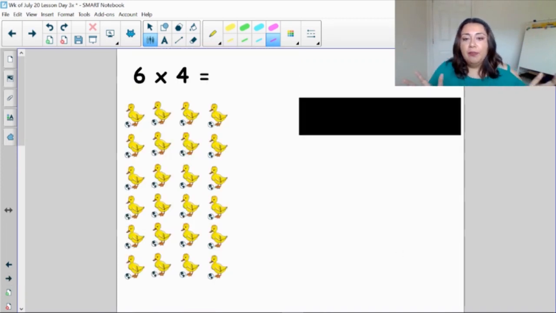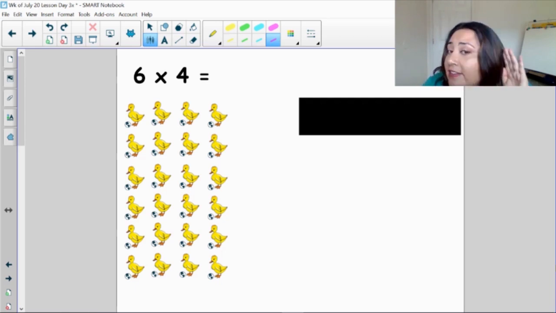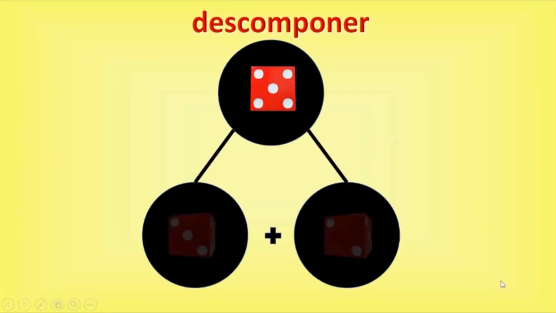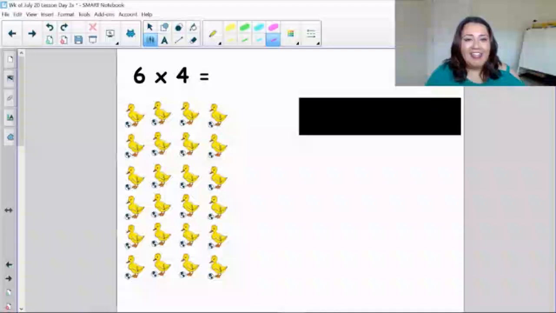Nuestro primer ejemplo. Vamos a decir que ustedes se enfrentan con el problema de 6 por 4. Y dicen, señora Vázquez, es que no he aprendido a multiplicar por 6 y mucho menos por 4. Apenas me estoy aprendiendo la tabla del 2 y del 5 y del 10 porque es fácil contar por esas cantidades. Les voy a mostrar una manera de descomponer, separar en partes, los factores para poder multiplicar más fácil.